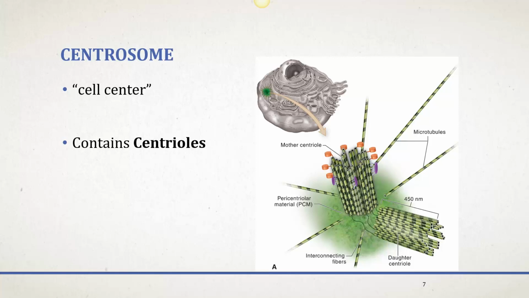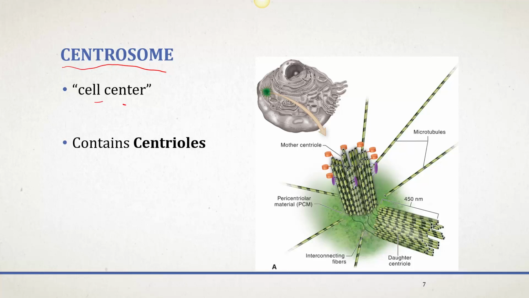Here you can see microtubules forming up the centrioles, which are found in the centrosome of the cell. So centrosome is simply the cell center. It's an area. It's not necessarily a structure, although there is a structure inside of it that kind of defines that area, but it's the center of the cell.